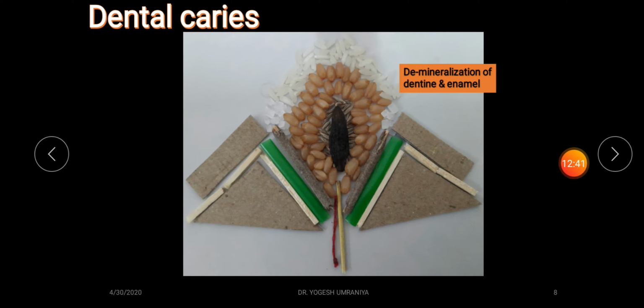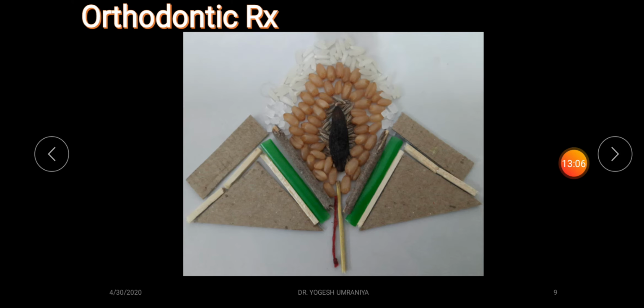So the acid produced by the bacteria on the activity of glucose is going to produce demineralization of this dentine as well as the enamel. And as there is an absence of ameloblasts, this layer is not going to be regenerated. So filling is a must whenever there is dental caries.